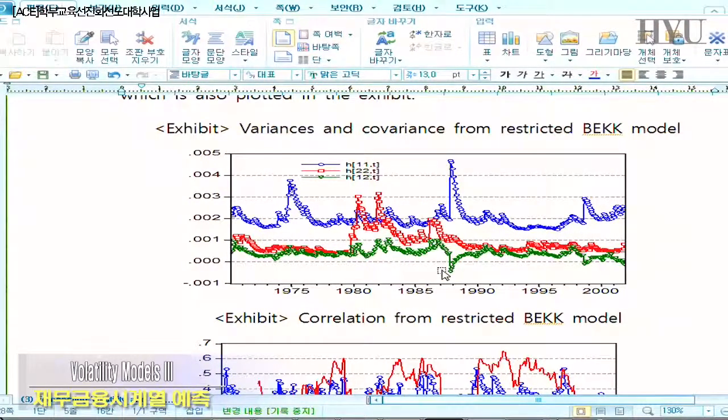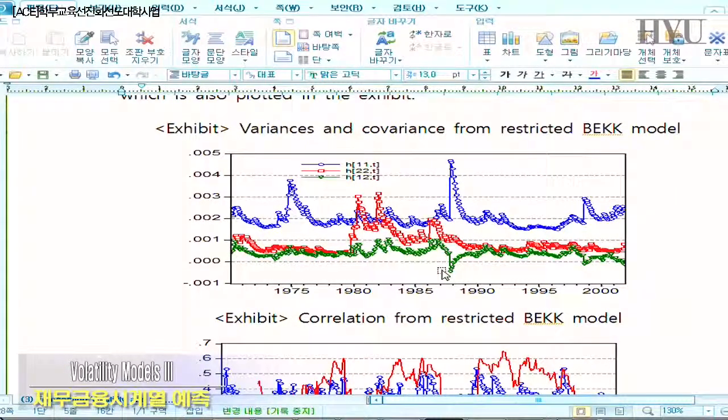These are not annualized, so the numbers are different. But using monthly data, this is a variance. This is a plot of sigma t squared. This is the variance, the GARCH variance, according to BEKK. The second one, this red line, is the volatility of the bond market.